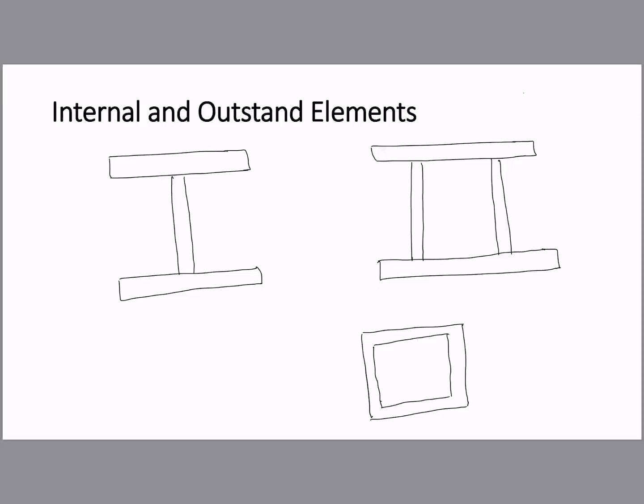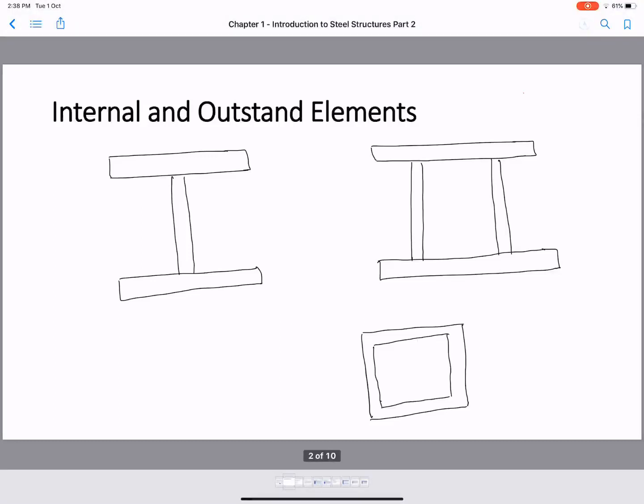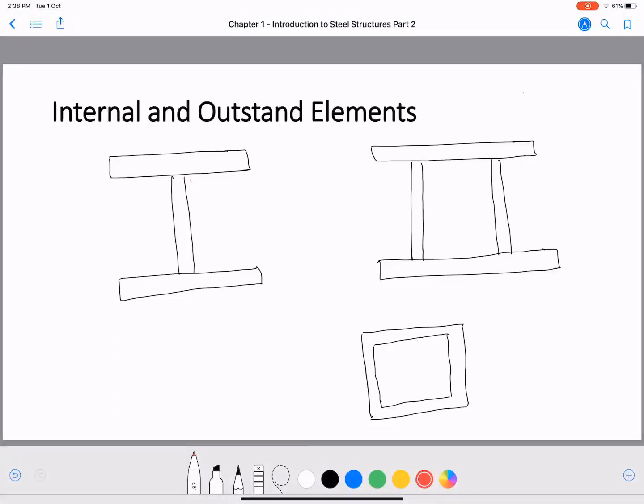So what is an internal element? Internal elements are considered to be supported along two edges. This element is also called a stiffened element. That means if any element, for example this element, is supported by this flange and this flange, it is called an internal element.